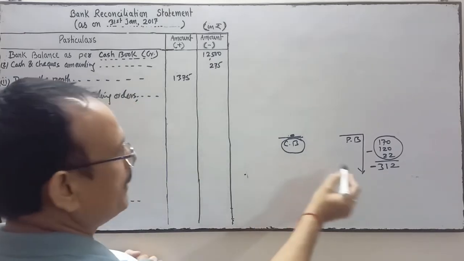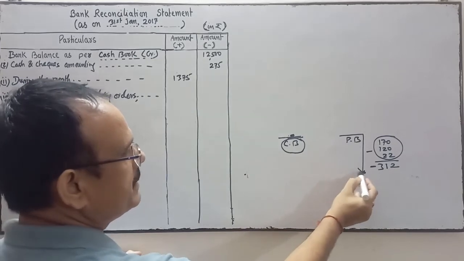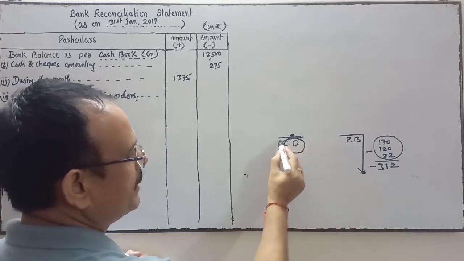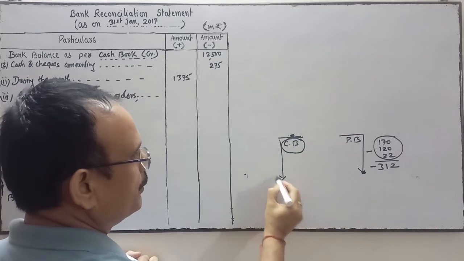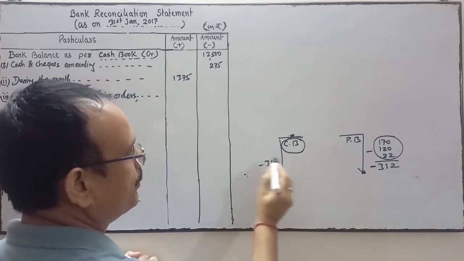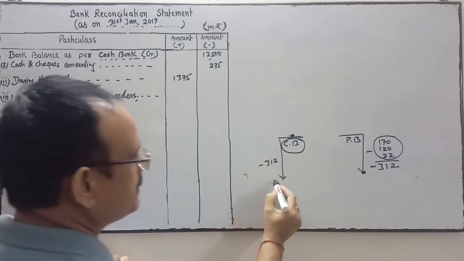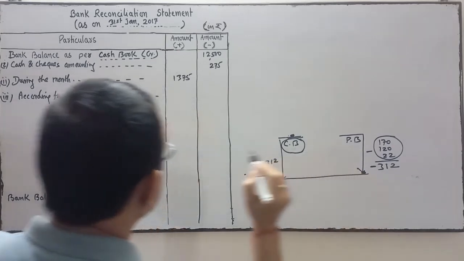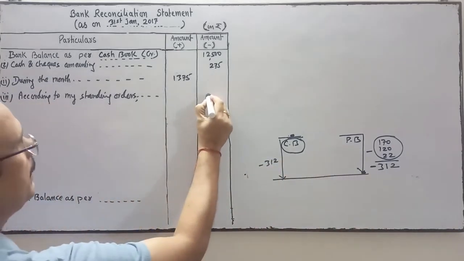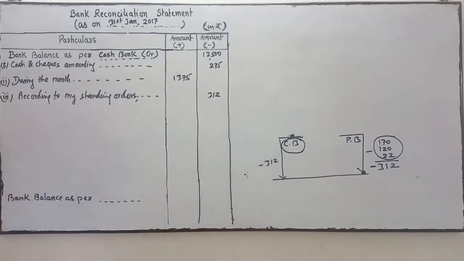Passbook balance is here and cash book balance is here. To make the balance equal, we'll reduce 312 rupees in the cash book to make the balance equal with the passbook. Okay, 312 will be reduced.